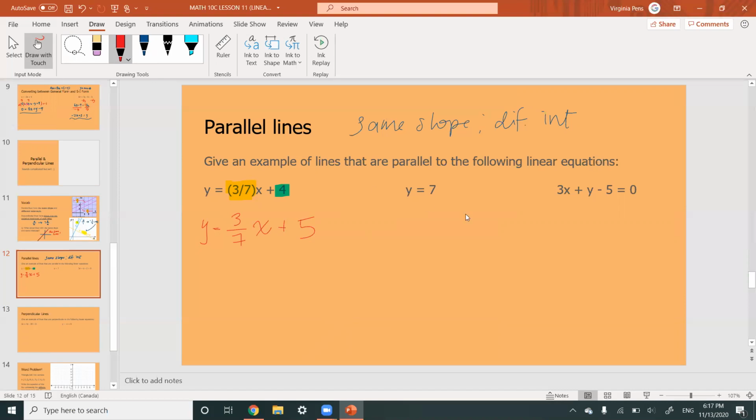Okay, next up we have y is equal to 7. Now this one's less obvious, but if you remember from last lesson, this would actually be a horizontal line, because if you imagine that there was actually a y is equal to 0x plus 7, so a slope of 0, which means that the line never rose any, then it would just be taken out because it's kind of redundant to write 0x in there.